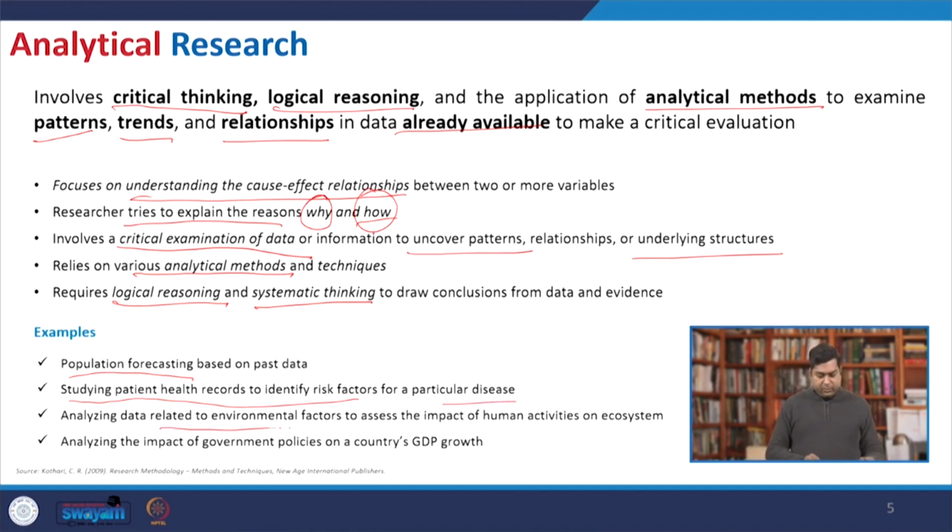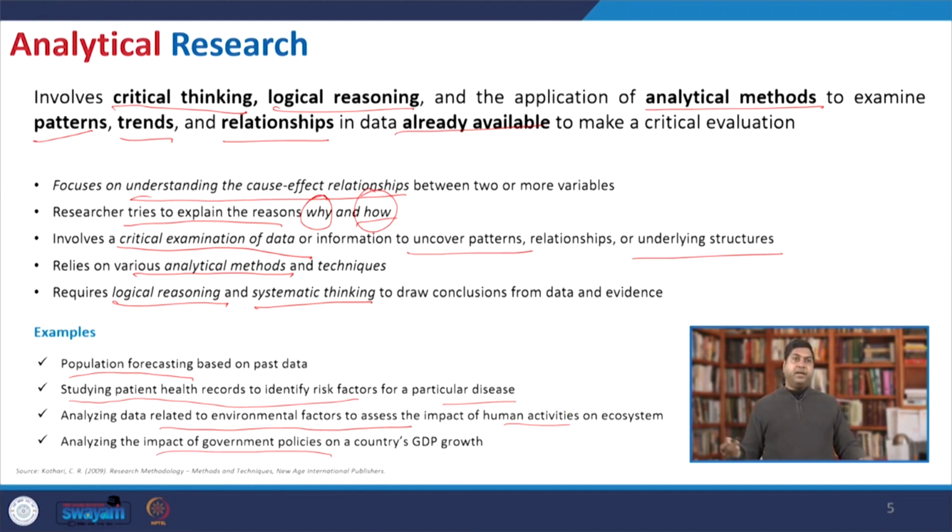Analyzing data related to environmental factors to assess the impact of human activities on the ecosystem. This is also analysis, like now in the age of global warming and climate change, there is some kind of depletion in the ecosystem due to human intervention. Those kinds of things can also be studied here. Another example, analyzing the impact of government policy on a country's GDP growth.